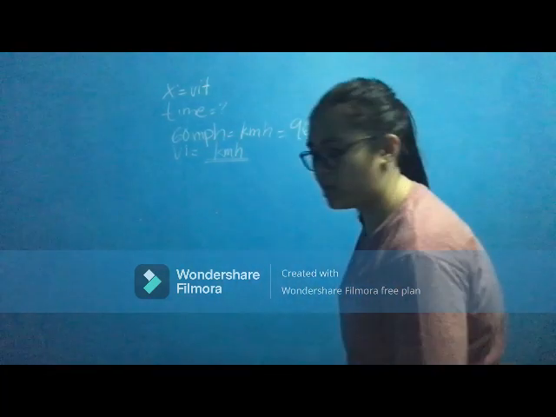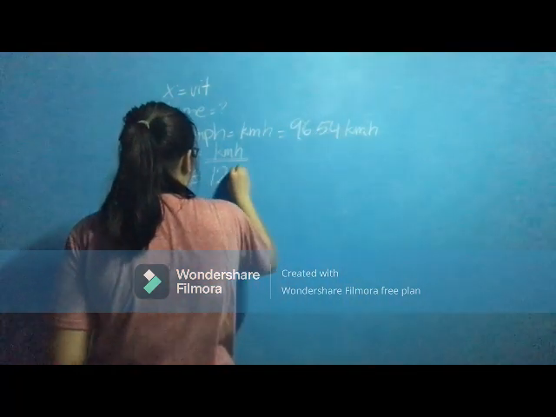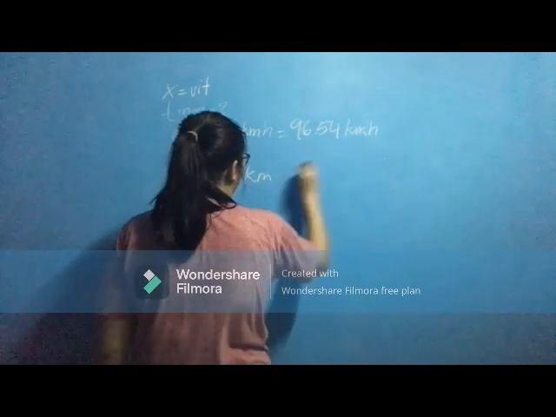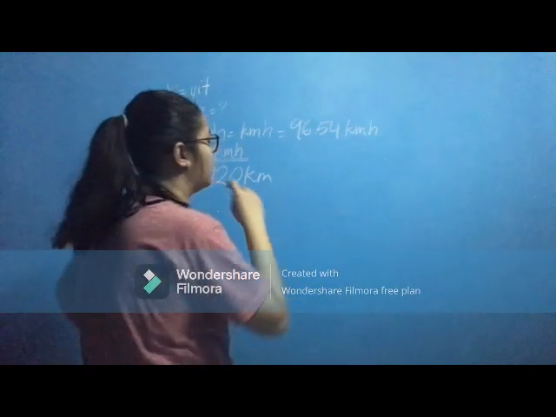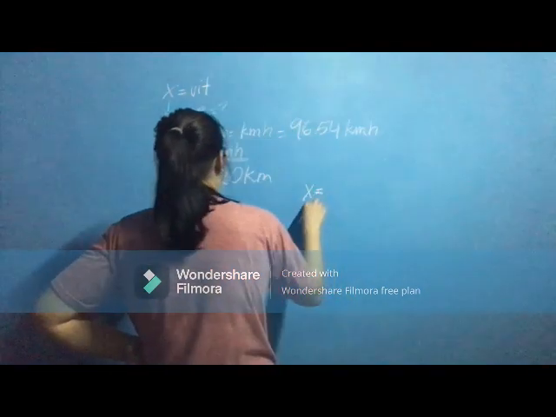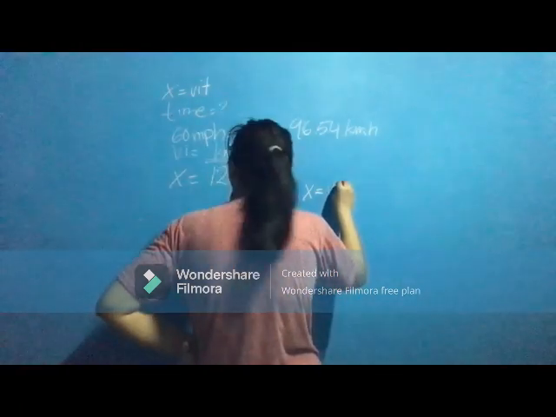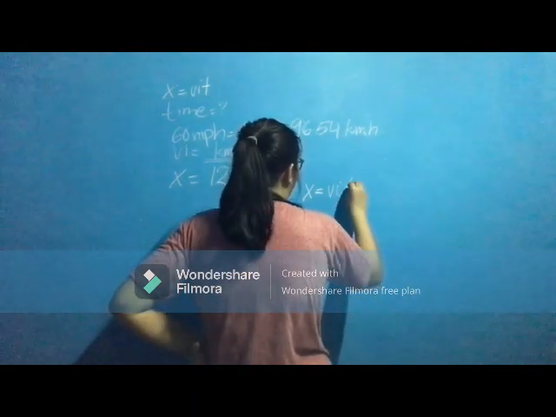Oh, I forgot to write here that the distance is 120 kilometer. That was the whole point why we want to convert it to kilometer per hour. Now let's use the equation that we have. X, or the distance, is equal to velocity initial and time.